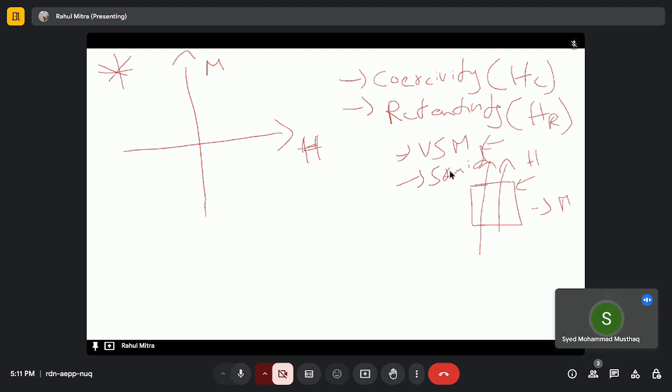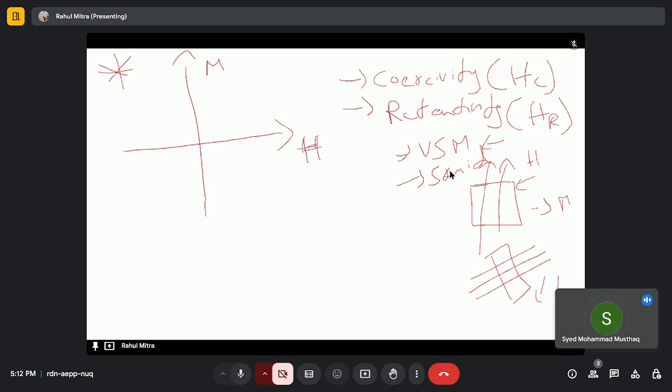Now VSM is a vibrating sample magnetometer. What does it do? It applies a magnetic field and it vibrates the material. Due to the vibration, again there is Faraday's law of induction. Because the material is vibrating, we'll have an electric field generated. For example, there is a static magnetic field, and if I vibrate my material, the material is going out and going in, and because of that there is generation of an electric field.